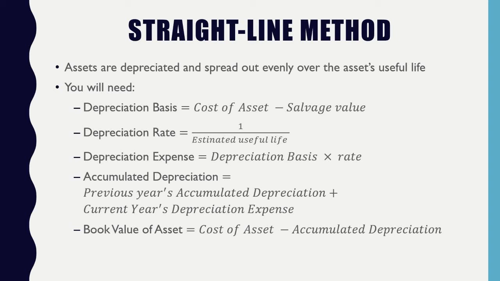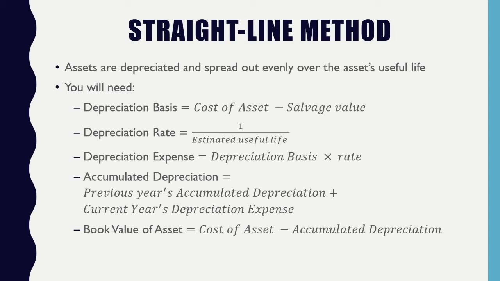So in this case, these are the formulas that you need to know. It is a combination between the units of production and double declining. How so? Your depreciation basis is going to be your cost of the asset minus salvage value, which derives from the units of production. Your depreciation rate is going to be 1 over the estimated useful life, only one time though.